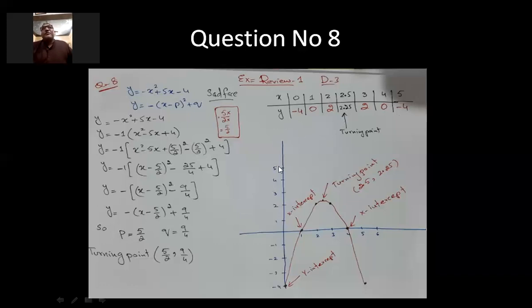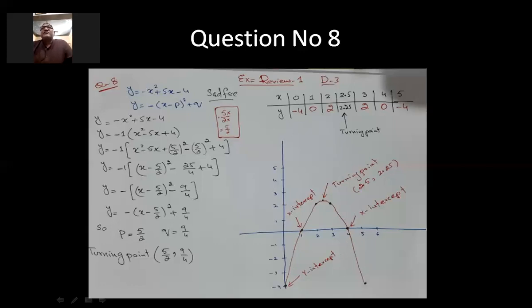The important thing is that because here the coefficient of x square is negative, then it will be a sad face. You can see there. I will plot these points. I plotted them. You can see these dots. And then I join them with a smooth curve. You can see it's a sad face.